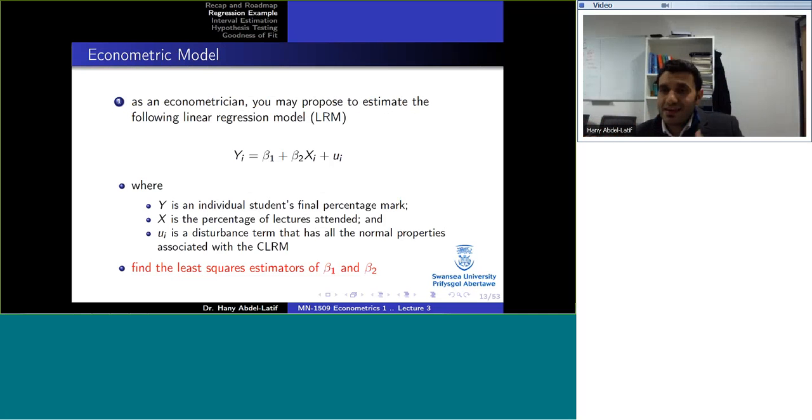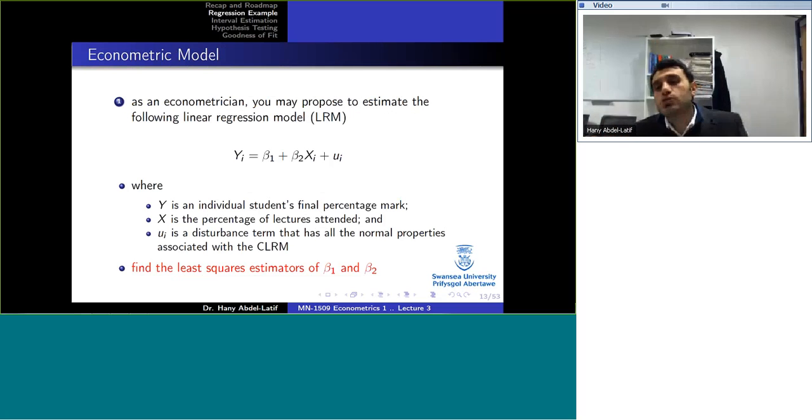Let's assume that the error term or disturbance term, as we explained before, has all the normal properties associated with the classical linear regression model. Our task now is to find the values of beta 1 and beta 2 through OLS.